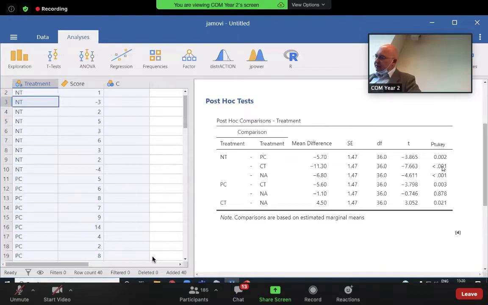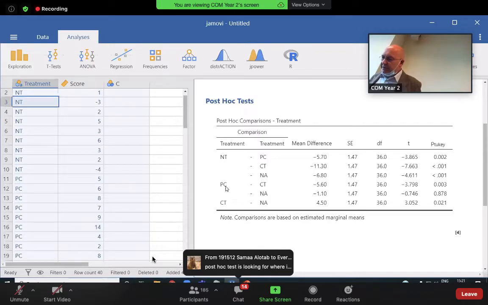You can see that NT versus PC, NT was no treatment versus placebo control, was significant, 0.002. NT versus the conventional therapy is significant, P less than 0.001. And NT versus the new age therapy is also highly statistically significant. So basically this tells us that all three other treatments are significantly better than no treatment at all, including placebo.